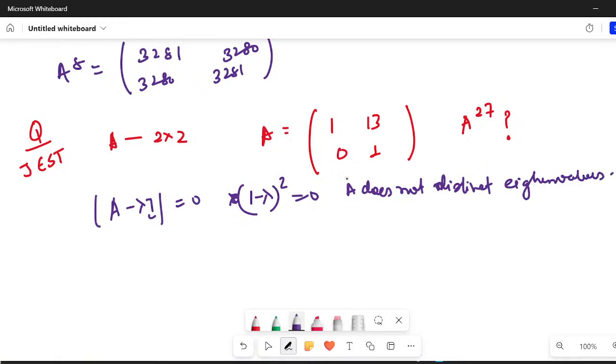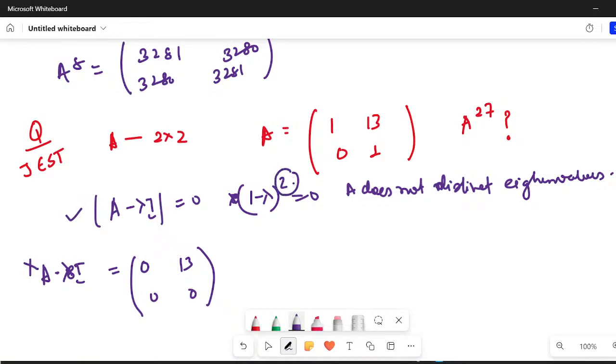Also, you can see the minimal polynomial, if you want to make that also. Let's say the minimal polynomial is A minus lambda I, that is, only A minus I. Let us see whether it works or not. So it will be 0, 13, 0, 0. So it's not even the null matrix. So clearly this is not the minimal polynomial. It implies the minimal polynomial has power 2.